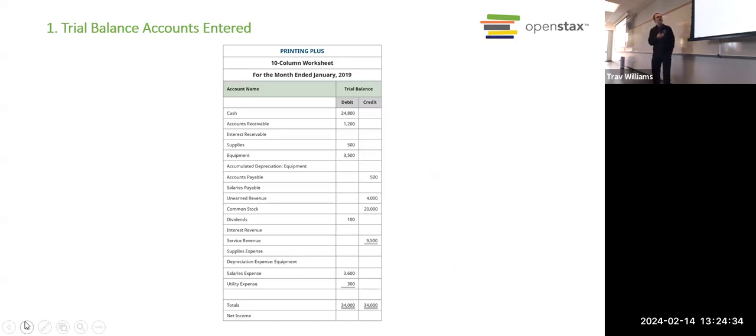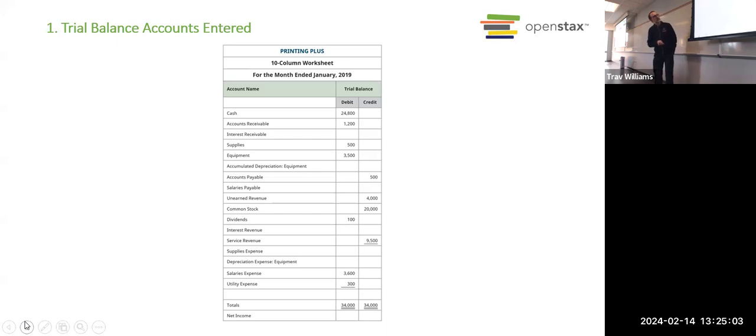It really looks the same as a trial balance document. We have all the accounts listed. We have a debit column and a credit column, and they equal. So it's the same information that would be on the unadjusted trial balance. It's just in a spreadsheet, like Excel.